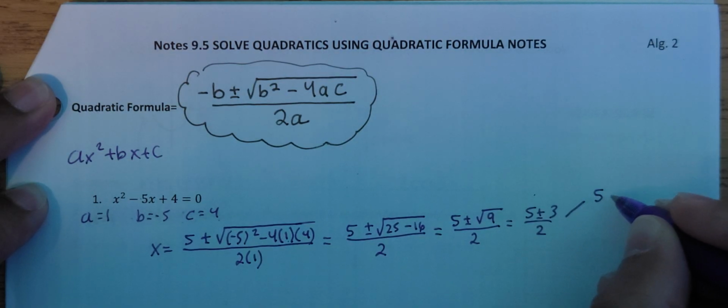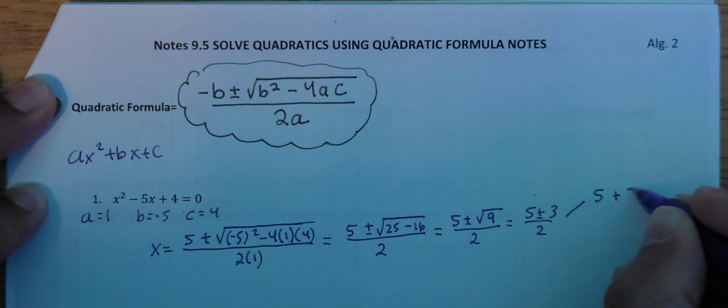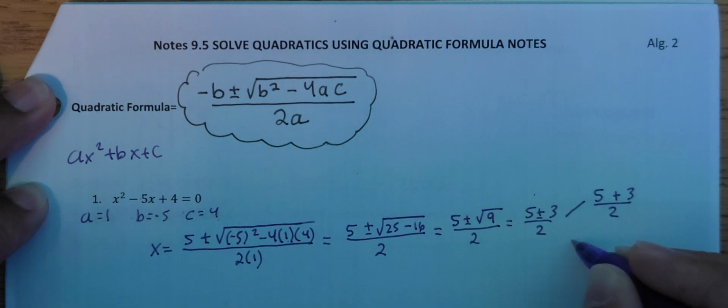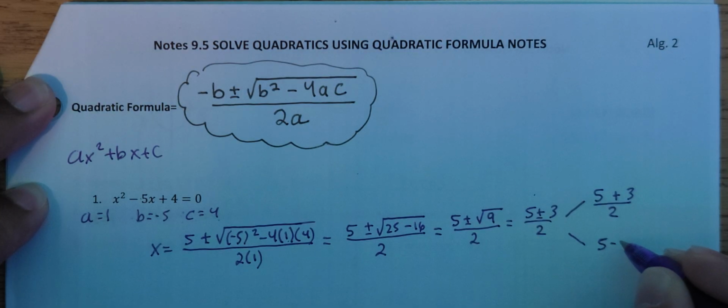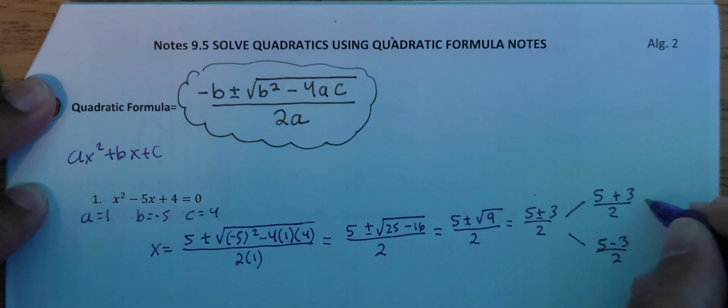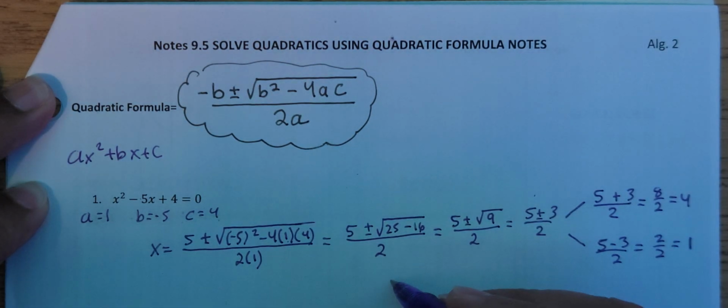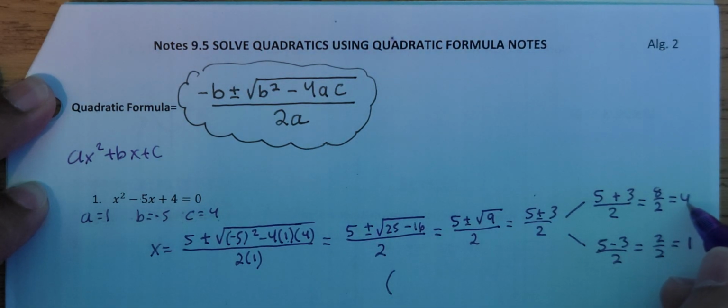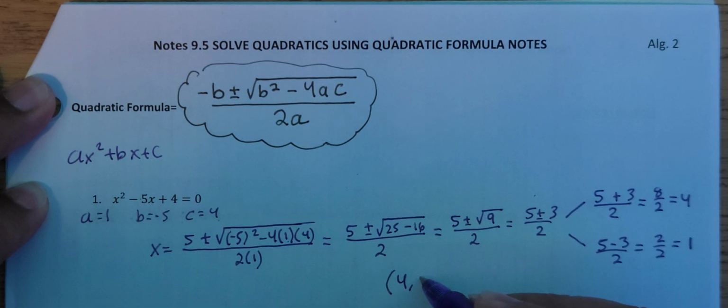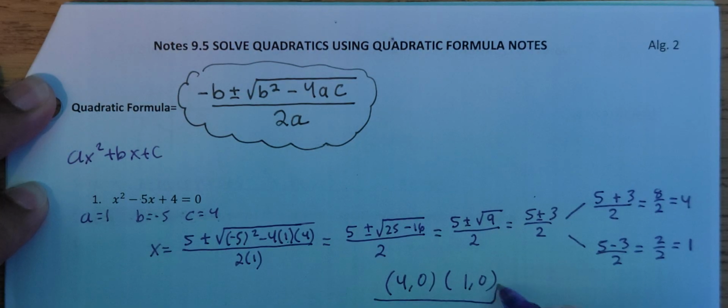One is 5 plus 3 over 2, and the other is 5 minus 3 over 2. So this is equal to 5 plus 3 is 8, and 8 divided by 2 is 4. And this one here is 5 minus 3, which is 2, and 2 over 2 is 1. So then the points of intersection with the x-axis, or zeros, are (4, 0) and the other is (1, 0).